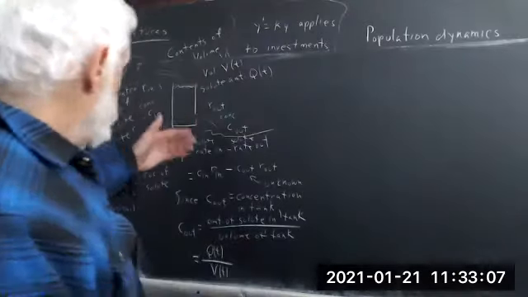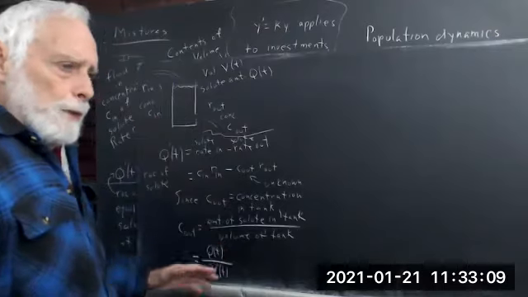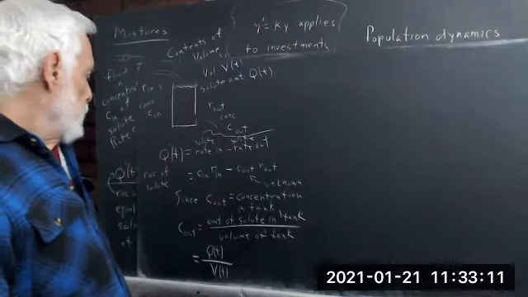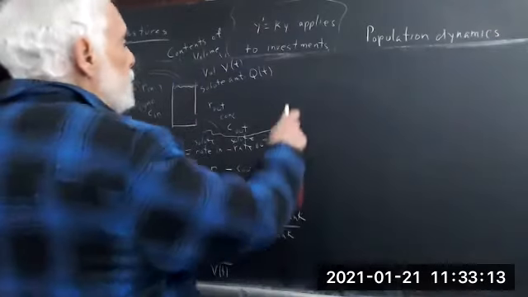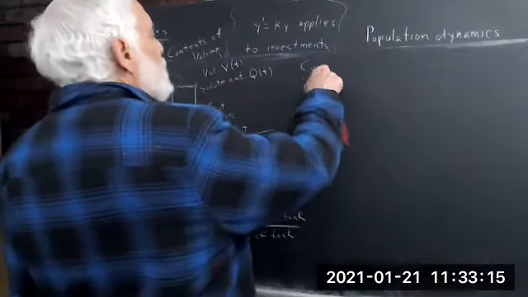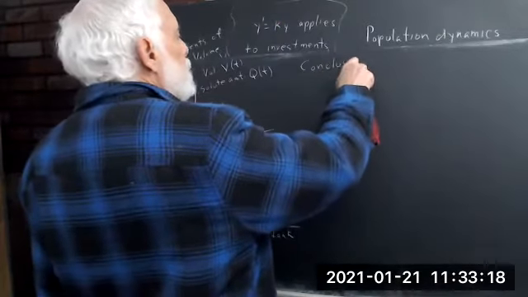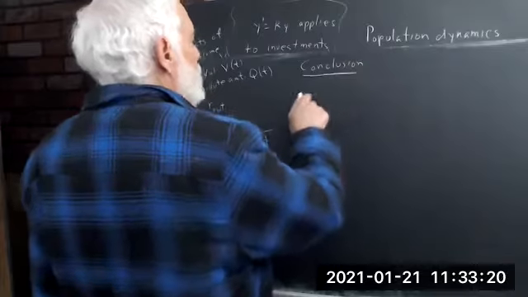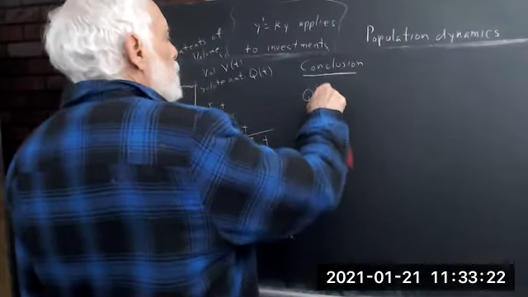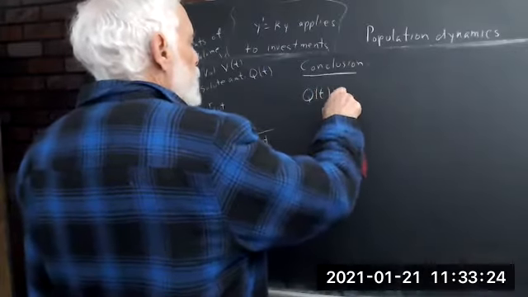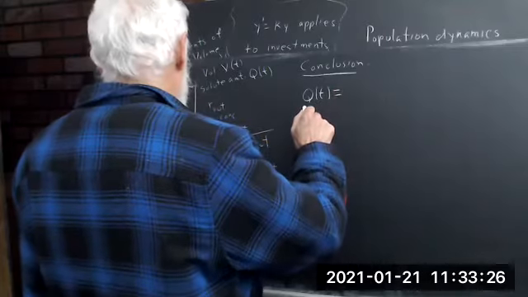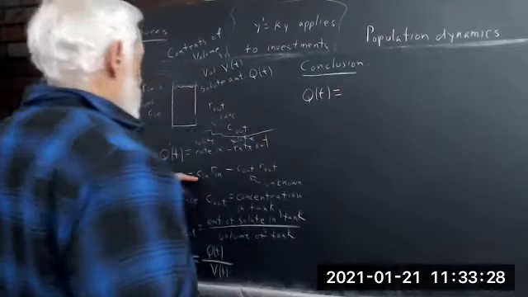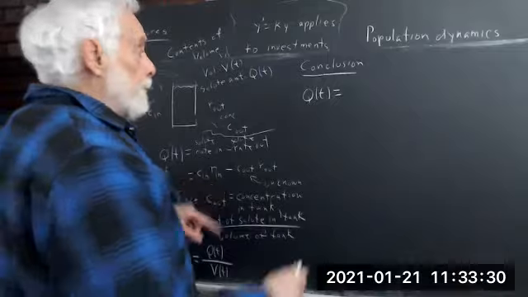Still, each step of this reasoning is fairly straightforward. So our conclusion is that Q prime of T equals C in times rate in.